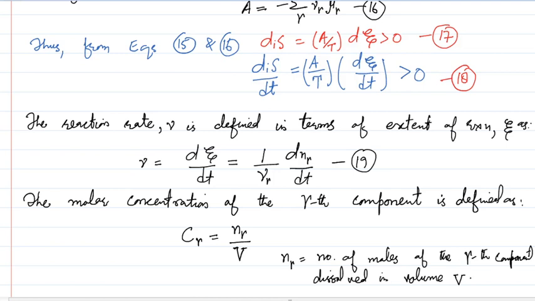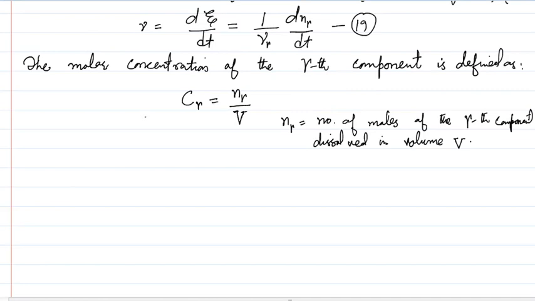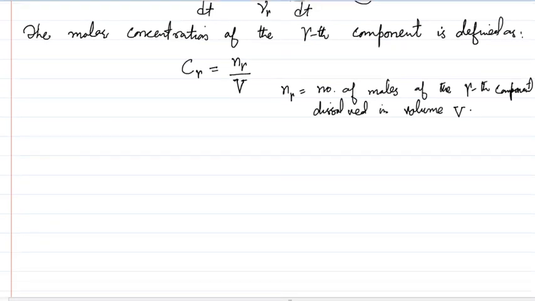Okay, so we can then write the change in concentration, or rate of concentration change with respect to time, dC gamma upon dt, as d upon dt of n gamma upon V, and this component n gamma upon V we can write as V raised to the power minus 1 n gamma.